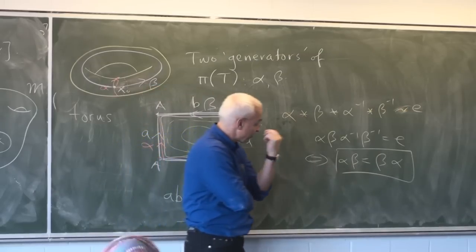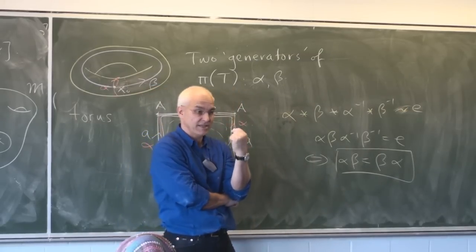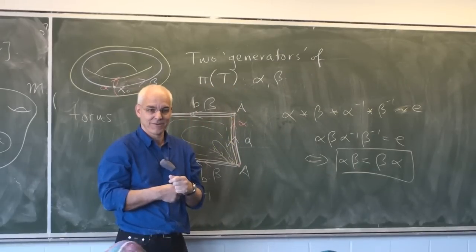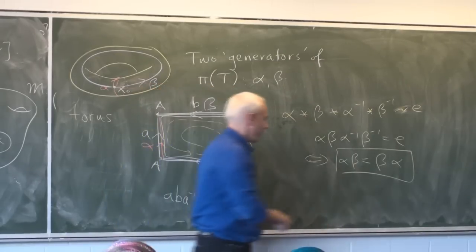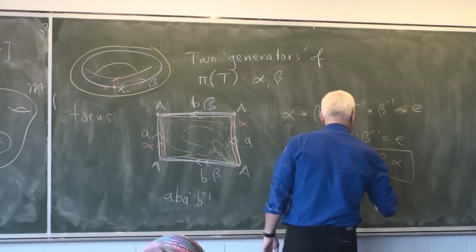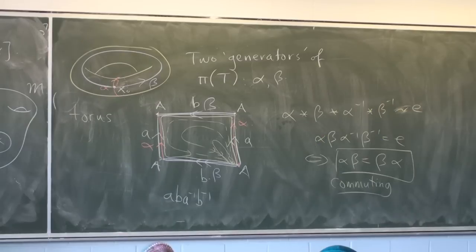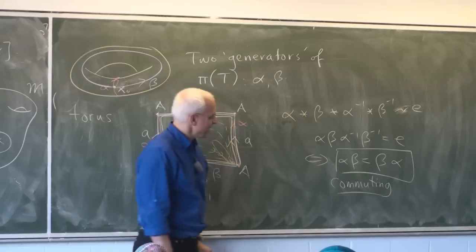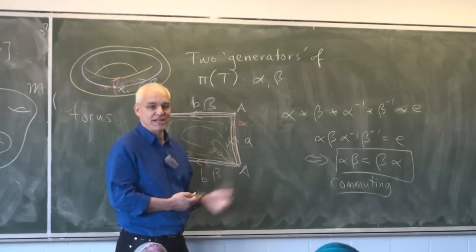And that's the relation of commutativity. That's telling us that alpha and beta are commuting here. And that means that this group is actually a commutative group.